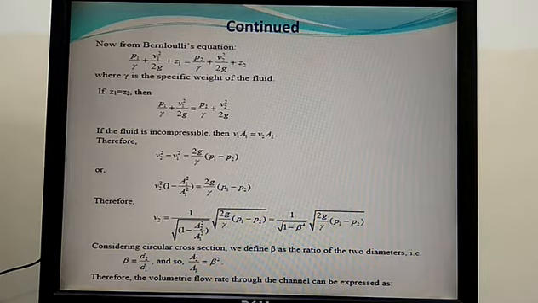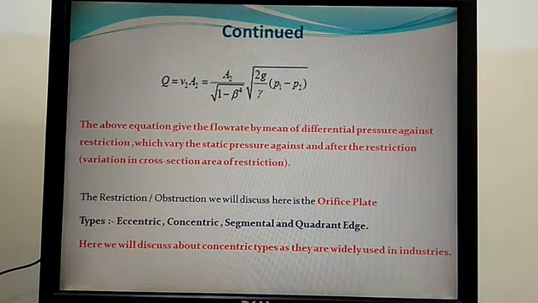If you put the formula, keeping the datum level Z1 equal to Z2 and applying the equation of continuity V1A1 equal to V2A2 for incompressible liquid, and putting the different diameter of different cross-section area, finally we'll get the flow rate, where Q equal to V2A2 or Q equal to A2 by square root of 1 minus beta to the power 4, multiplied by square root of 2 by rho in bracket P1 minus P2.